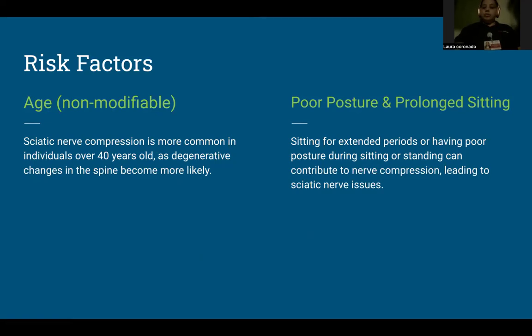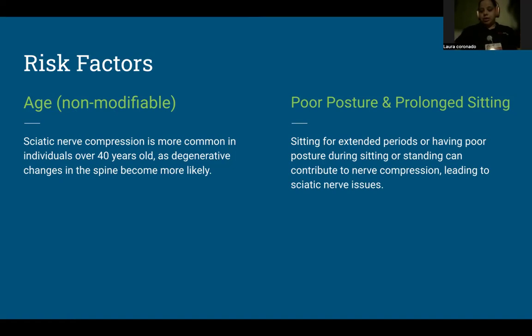Due to poor posture, which is most likely too much anterior tilt of the pelvis, I'm sorry, that would be a modifiable risk factor, because with the lumbar disc herniation, an anterior pelvic tilt is not going to help.